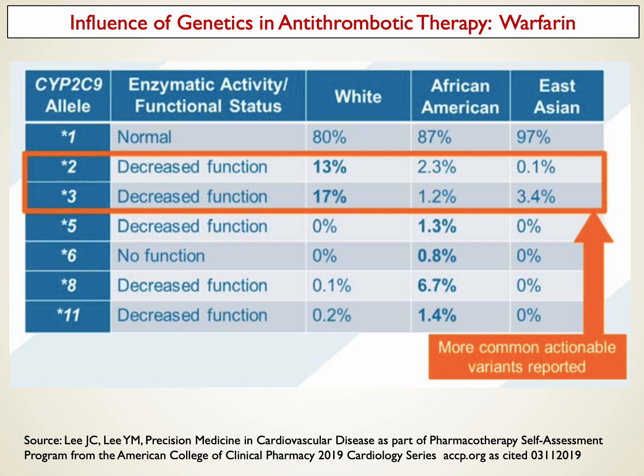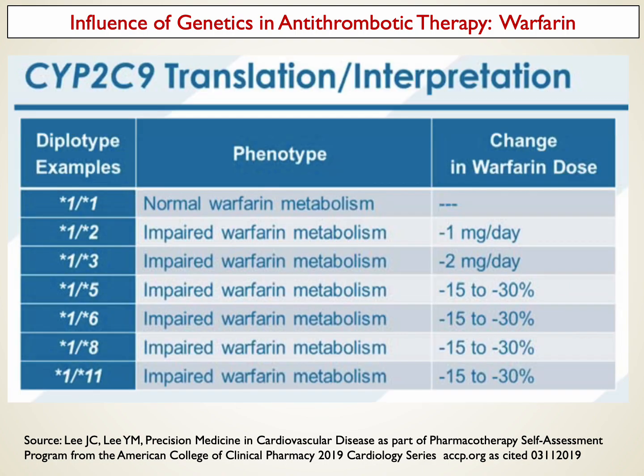So the alleles that are normally tested for in widespread testing, if testing is done genetically for warfarin, are the alleles 1, 2, and 3. But if you've got someone of African American descent, particularly you want to be testing for 5, 6, 8, and 11, because those are seen more commonly in that population. The translation of those variant alleles sometimes means that the warfarin dose might need a significant reduction because they have less ability to metabolize warfarin.